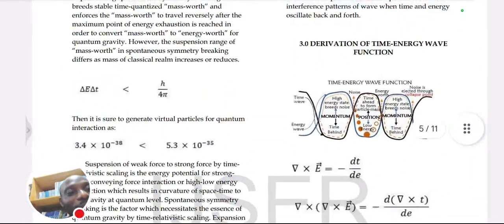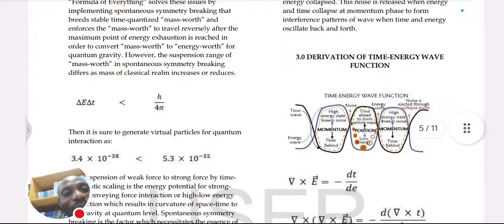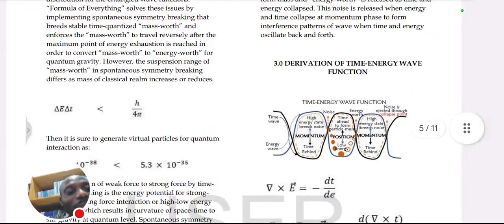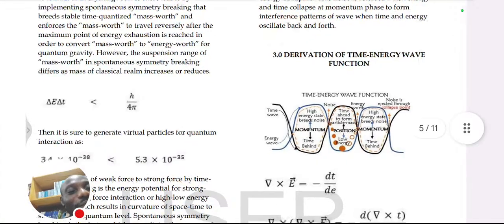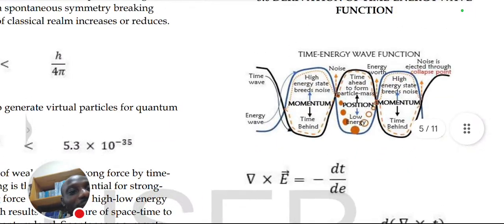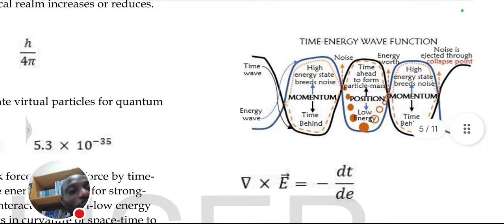Now there are some other things that we have, but basically, the time energy wave model, I call it the time energy wave function, but this is just to illustrate the suspension, the inverse relationship of time wave to energy wave. You can see what we have right there. So the position phase will be a phase where we can have the instantiation of quantum mass, while the momentum phase will be the phase where we have energy density.